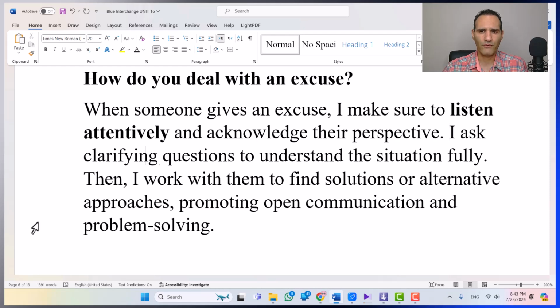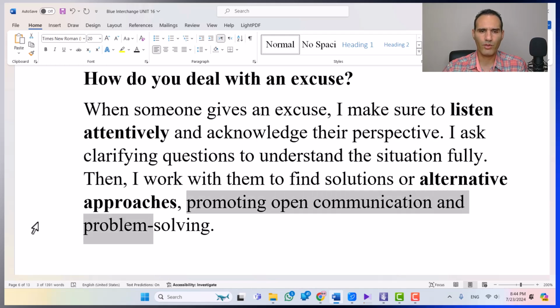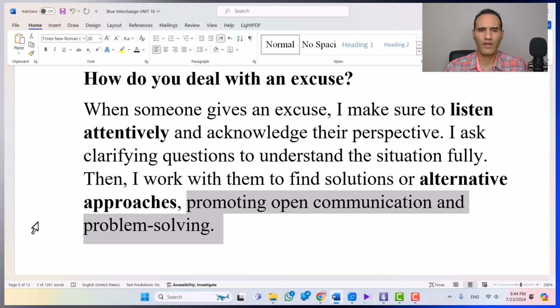I ask clarifying questions to understand the situation fully, then I work with them to find solutions or alternative approaches. What other ways do we have? Alternative approaches. Promoting open communication and problem solving. So, a reduced adverb clause for end of the answer, making it even more professional and complex.